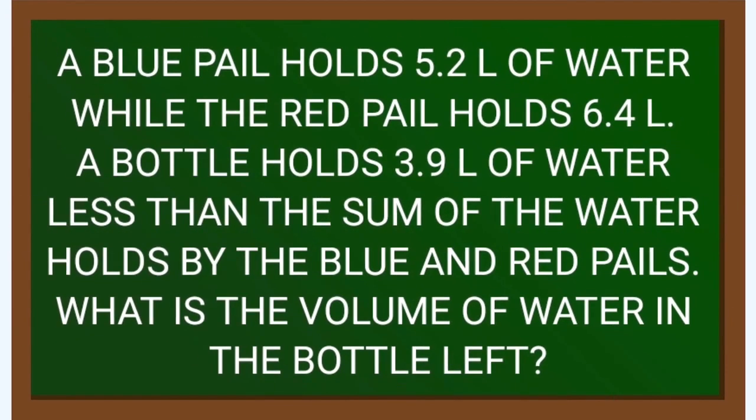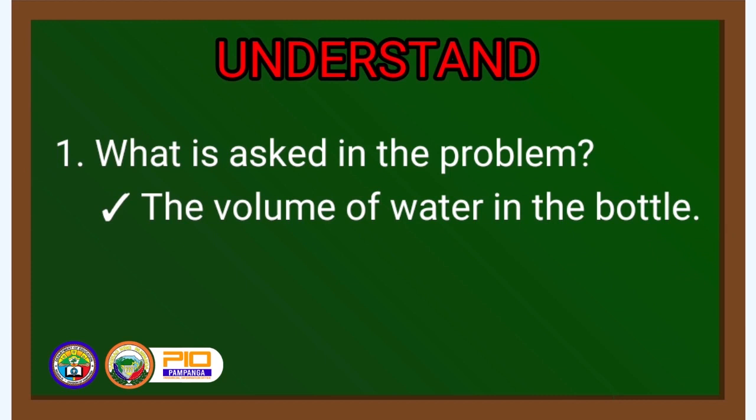A blue pail holds 5 2/10 liters of water, while the red pail holds 6 4/10 liters. A bottle holds 3 9/10 liters of water, less than the sum of the water held by the blue and red pails. What is the volume of water in the bottle left? What is asked in the problem?